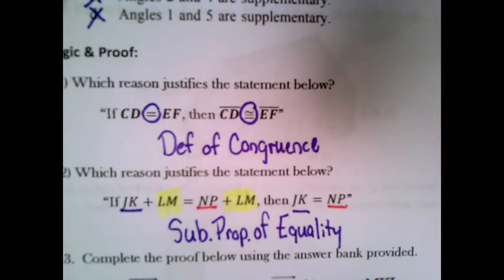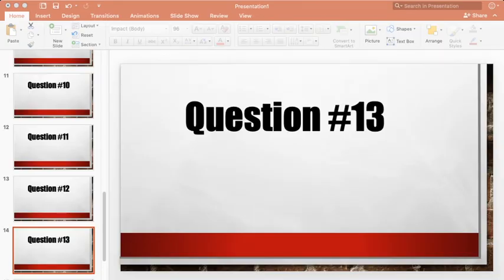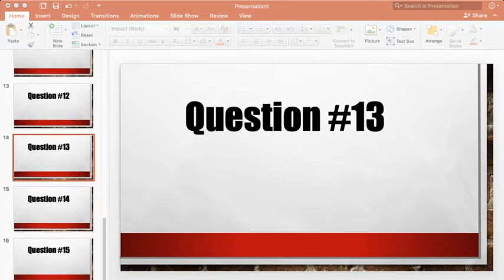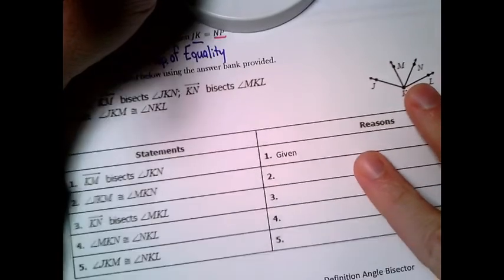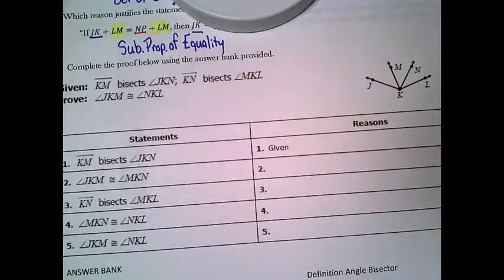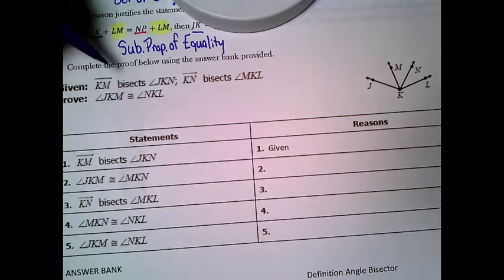Let's go on to question 13. Here we go. 13 is a proof. One of our favorites, I think. Trying to get this whole thing in there for you. Okay. So the easiest way I think to do is go through, find your givens.